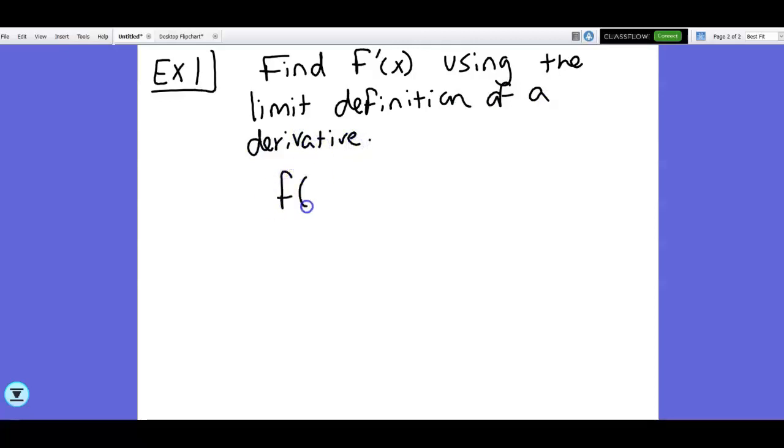And here's my function. All right. Now, if I ask you guys to find f prime, you're going to know the answer really quick.